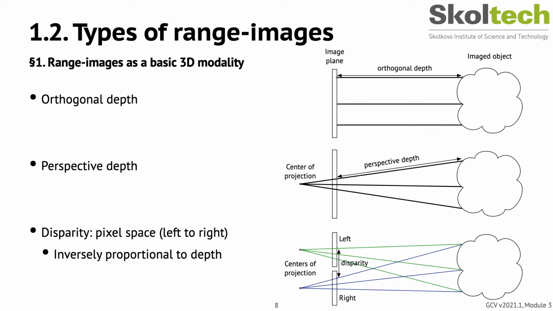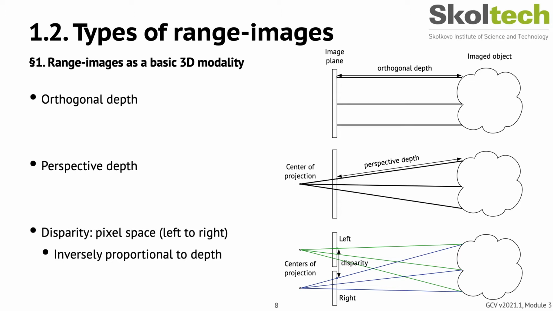In the literature on range image processing, the term depth denotes three different types of range data. It's either orthogonal depth, where the depth corresponds to the distance from a point in the 3D scene to the image plane; perspective depth, where the distance from a point in the 3D space to the camera is being considered; and disparity, which in fact denotes the difference in image locations of a feature within two stereo images.